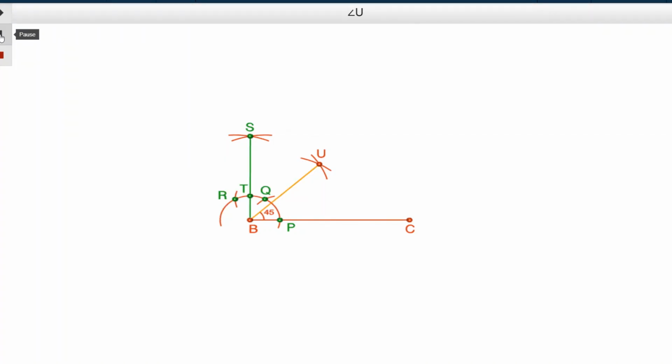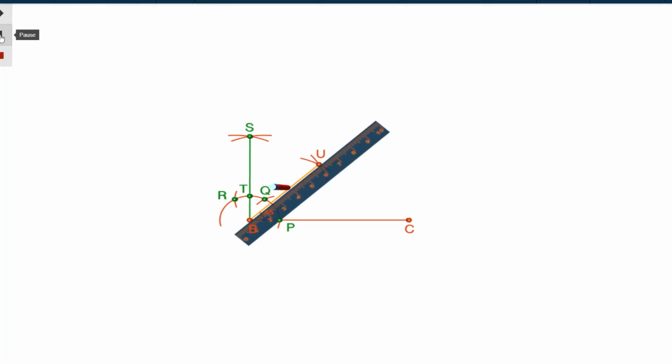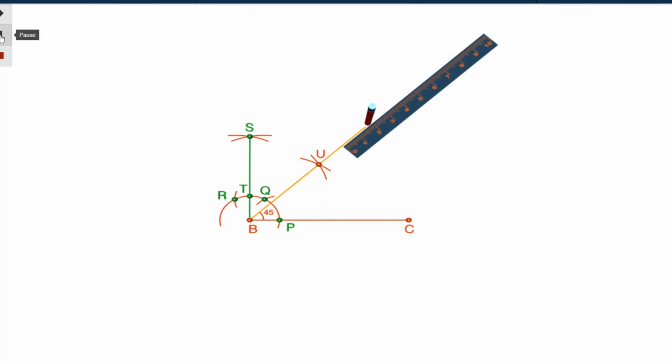So UBC is 45 degrees. So BU is the bisector. Now we have to extend the line BU to X. So BX is the extended line of BU.